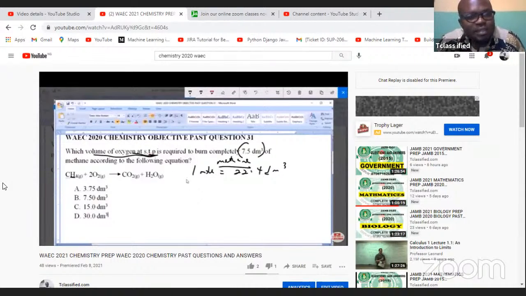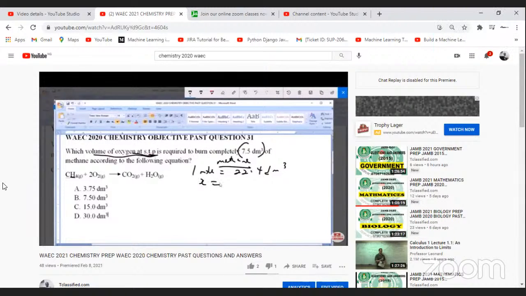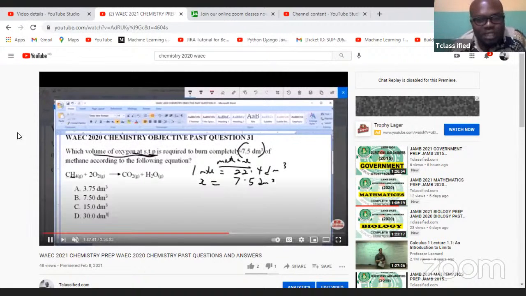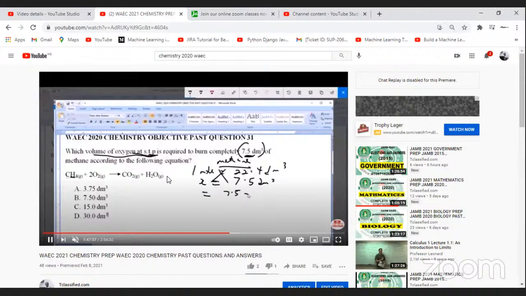So we say X mole will contain 7.5. So we want to know the number of moles that is in this 7.5, and that is the number of moles that we use in reacting with this oxygen. For 1 mole reacted with 2, that number of moles will react with how many oxygen? That's what we say.